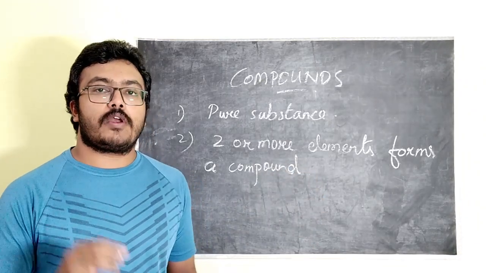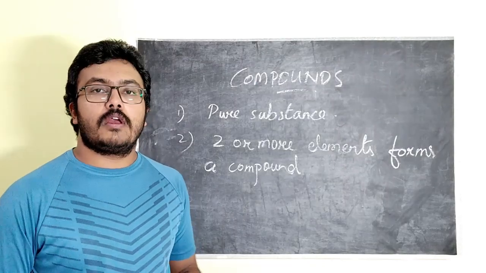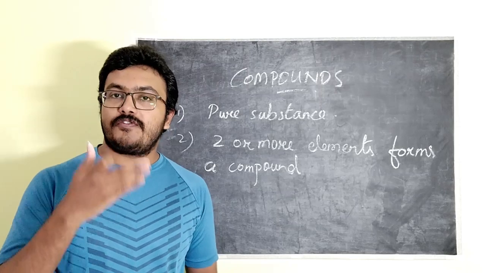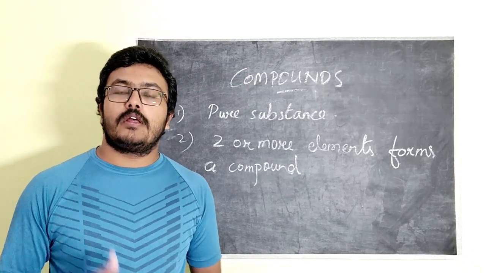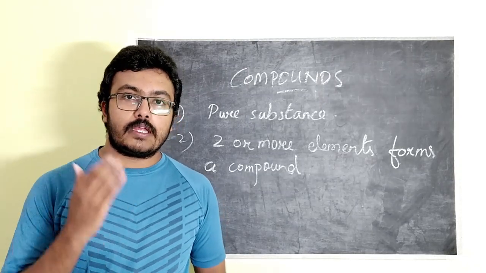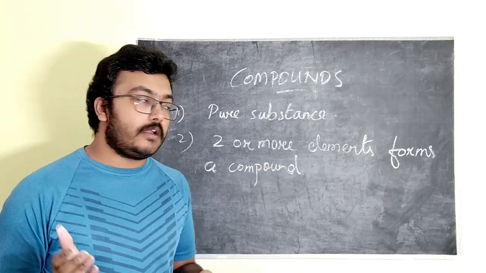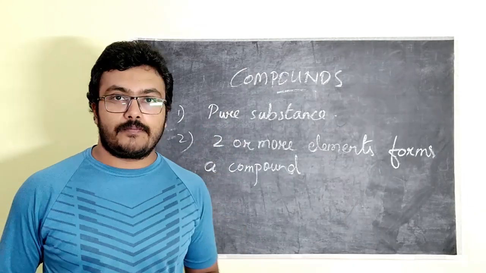And there's one more thing which you have to keep in mind. The combination of elements is always in fixed proportion. Only at the fixed proportion are these elements combined together, and hence it is called a pure substance.